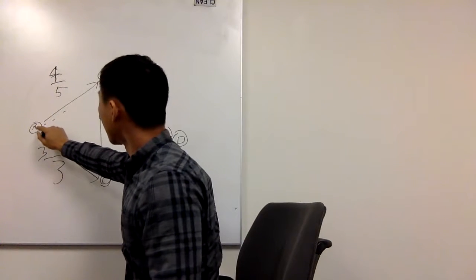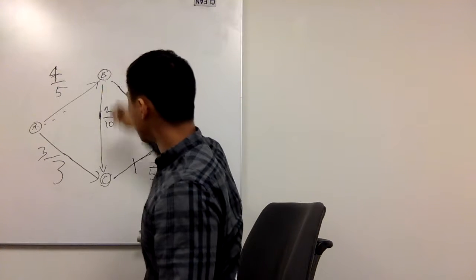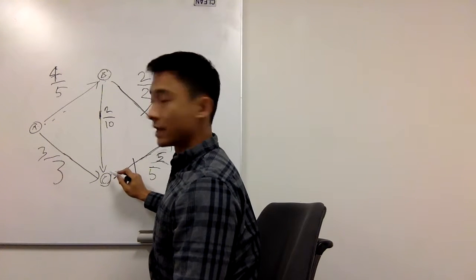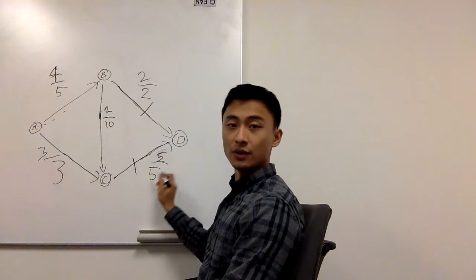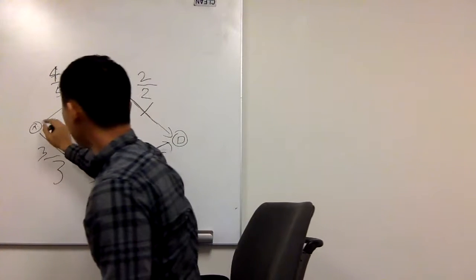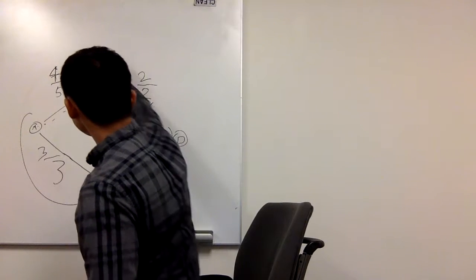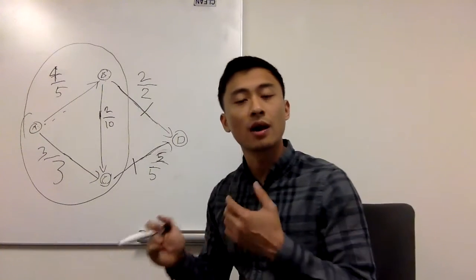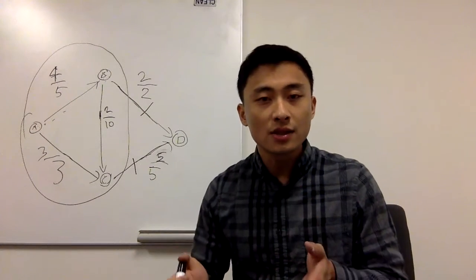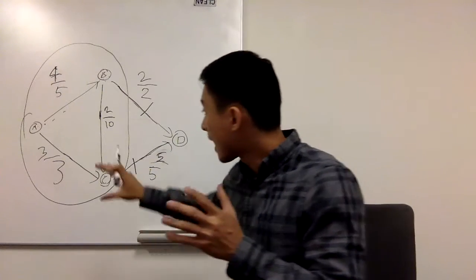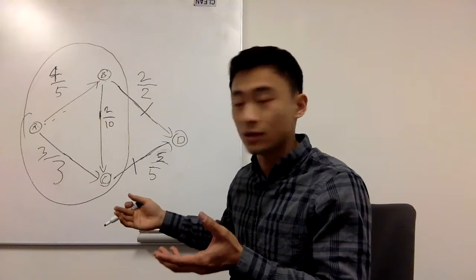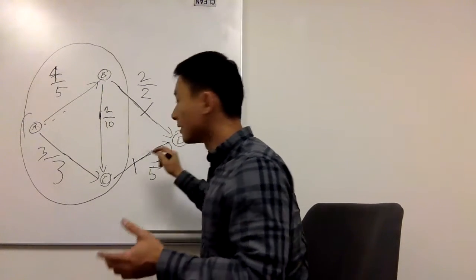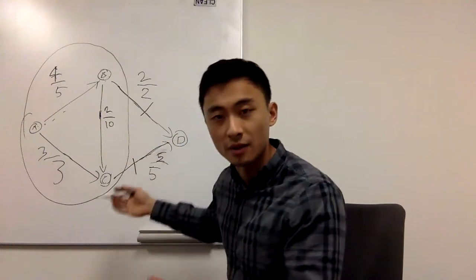But we can go from A to B and B to C through these unfilled edges. And from C, we can't really go anywhere. This has already been filled right here. So now we find that A, B, and C are part of our minimum cut group. And what the algorithm says is that any edge leading out of this group is going to be our bottleneck edge. So we can see that B to D and C to D lead out of this group. So these are our bottleneck edges.